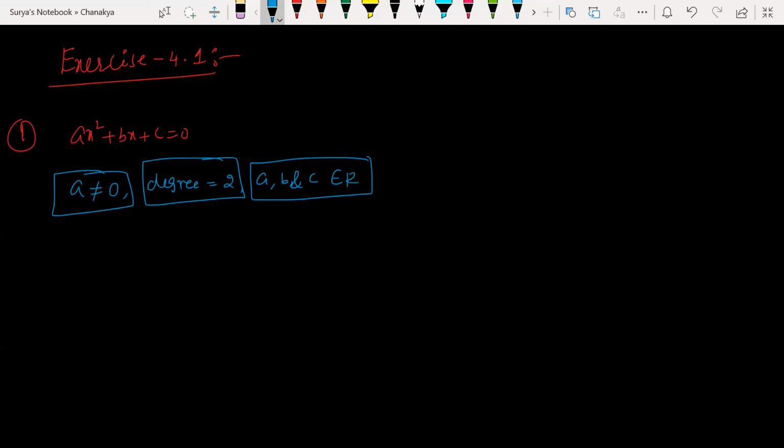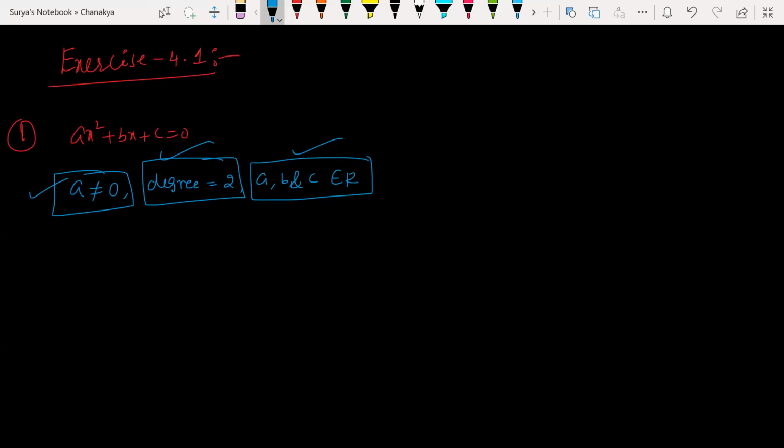These are the 3 conditions which we need to follow for checking whether a particular equation is a quadratic equation or not. For checking that, we must follow these 3 rules. Yes or no? So by that you can follow the first exercise.